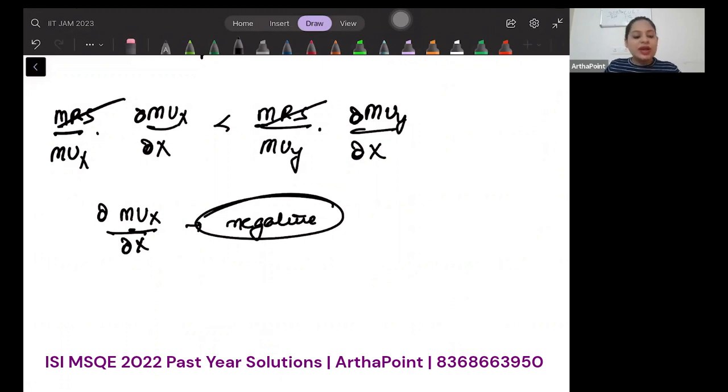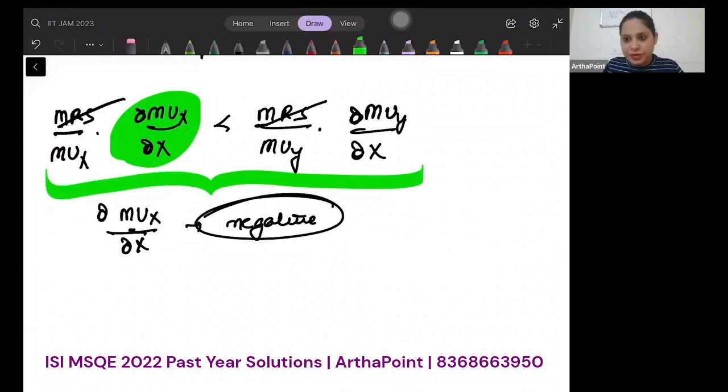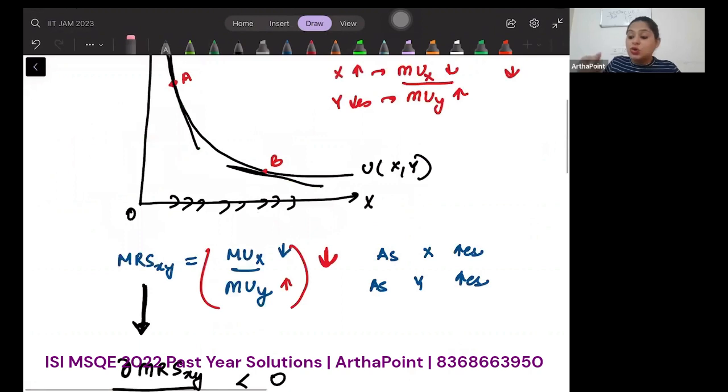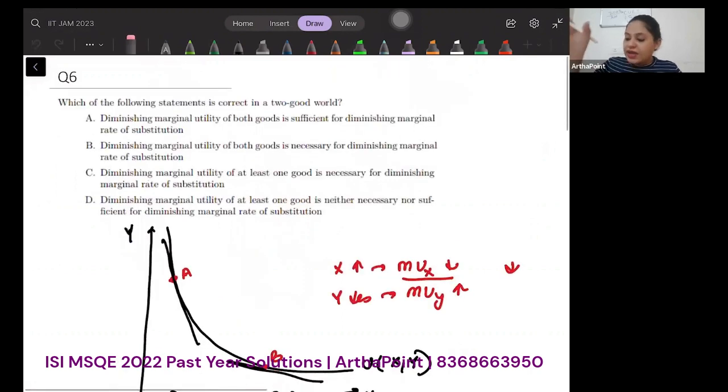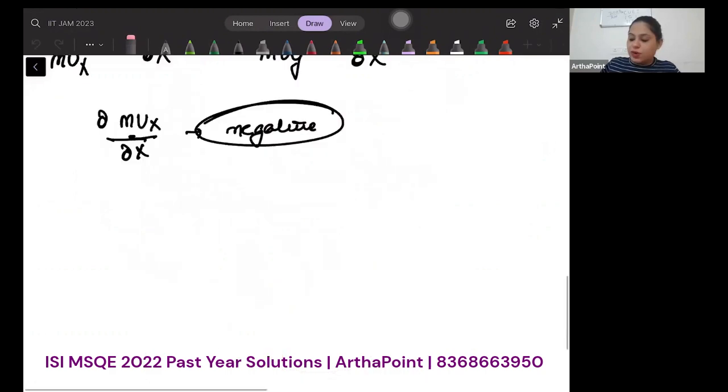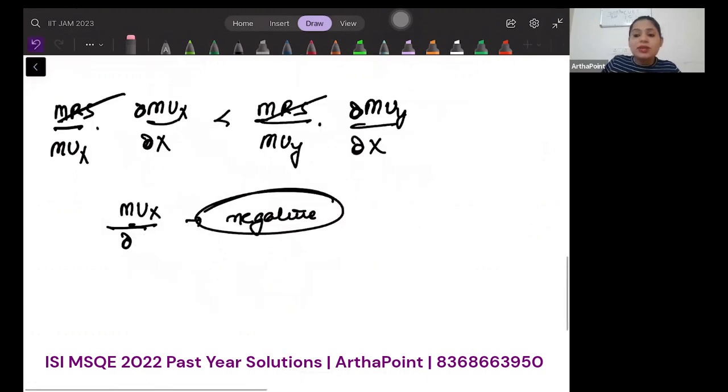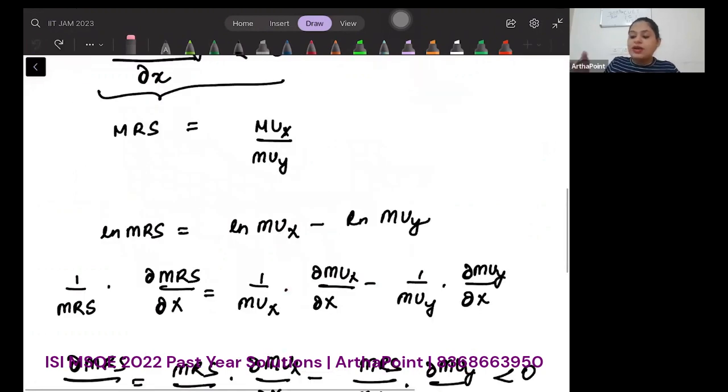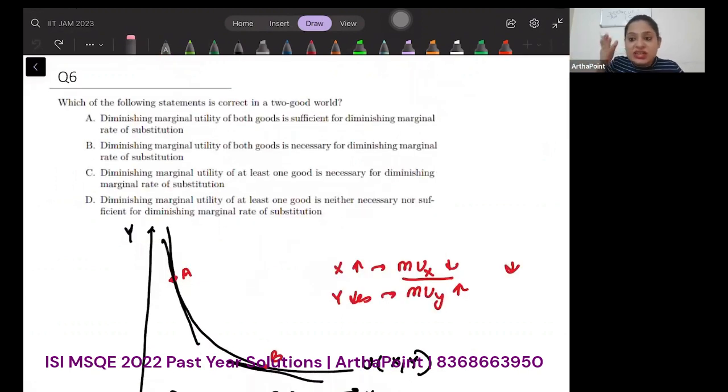Just saying that this is negative does not tell anything about this condition being satisfied. So we cannot say that just because the marginal utility of one good is diminishing, it is going to make sure that MRS is diminishing. It is neither necessary nor sufficient.